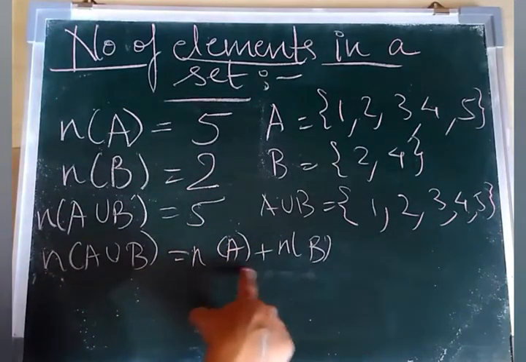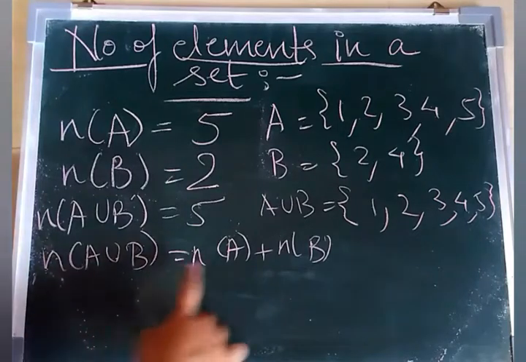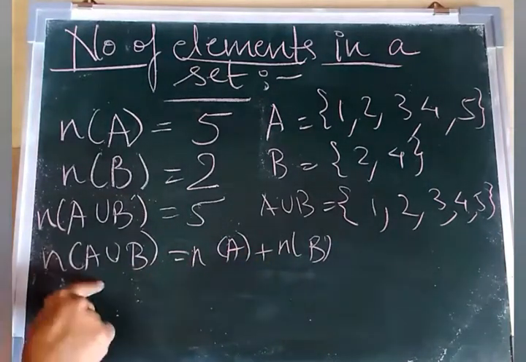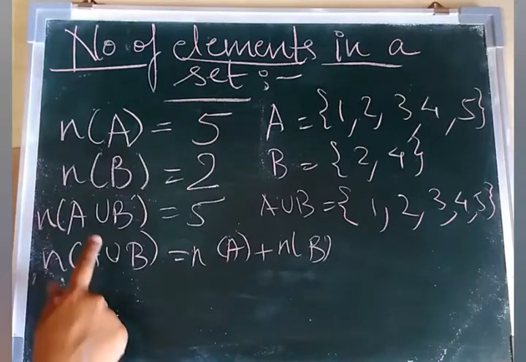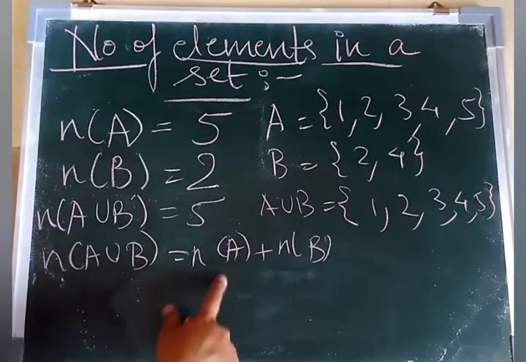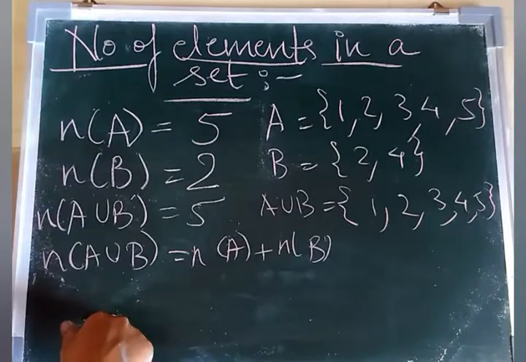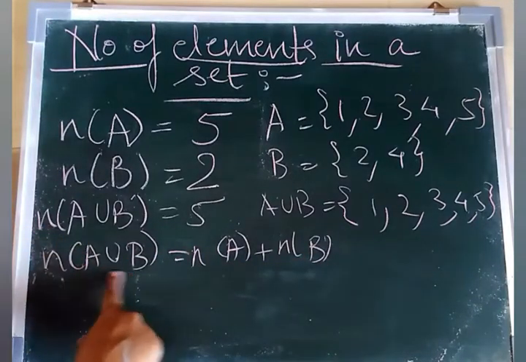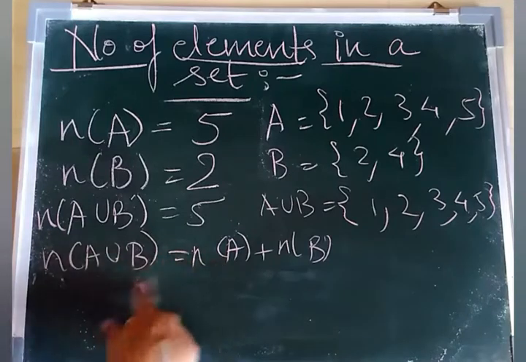So what is missing over here? Just by adding the number of elements in two particular sets, I am not getting the number of elements that is in the union, though the union contains elements from A and B. We write the elements in A and elements in B together to form the union, but this particular thing is not equal.